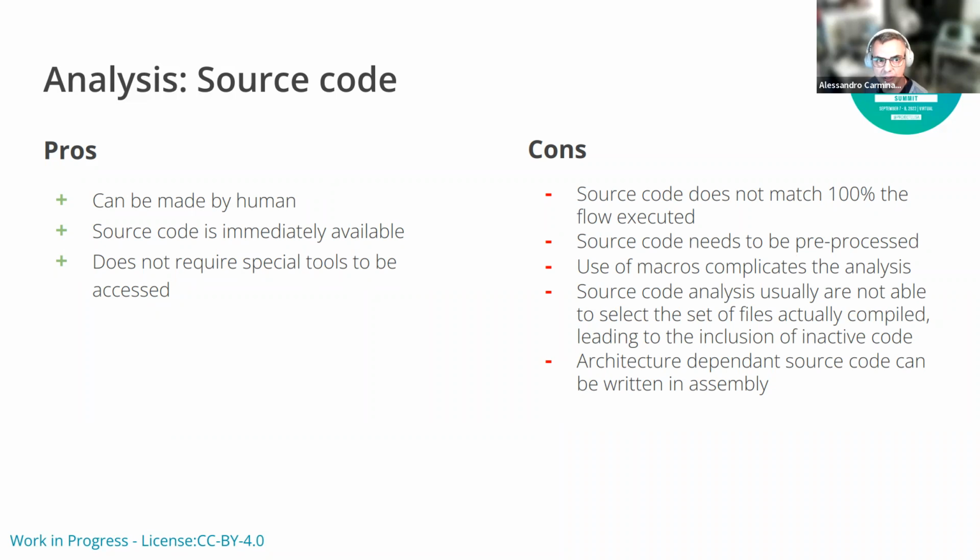Among pros here, source code analysis is easier to perform by humans, since the code is written in high-level language. The analysis is not requiring any special tools. On the con side, we have the actual code executed derived from the source code, but the actual flows do not match it completely.